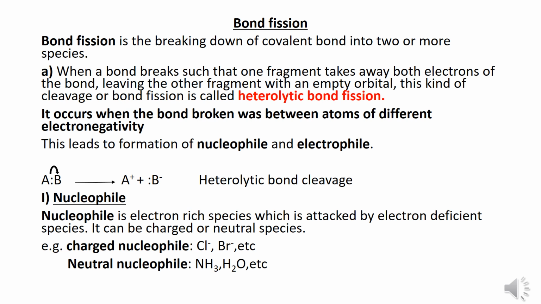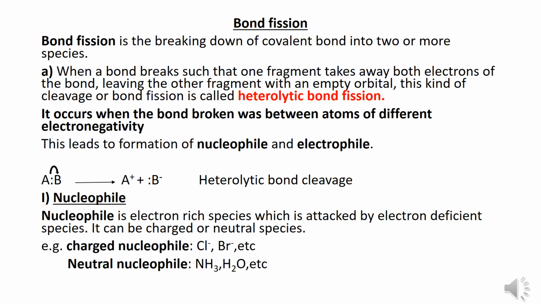When a bond breaks such that one fragment takes away both electrons of the bond, leaving the other fragment with an empty orbital, this kind of cleavage or bond fission is called heterolytic bond fission. It occurs when the bond broken was between atoms of different electronegativity. Remember, electronegativity is the tendency of an atom to attract bonded electrons in a covalent bond.